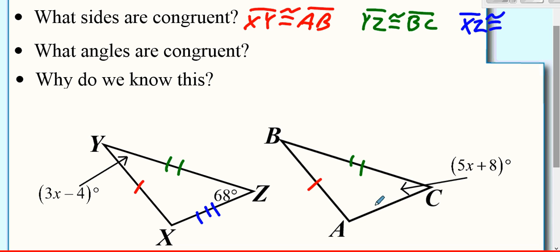That's going to match up with this third side. Since we started with X, we got to start with A because those are in corresponding spots. XZ goes with AC.